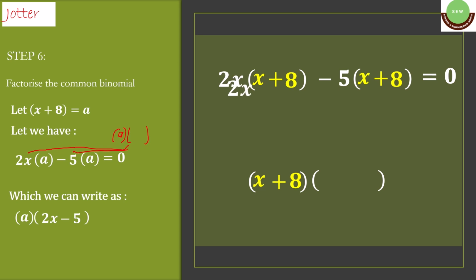So that's 2x minus 5. What we have left on the right-hand side is equal to 0. So this is the factorization process. And with this, we are almost done.